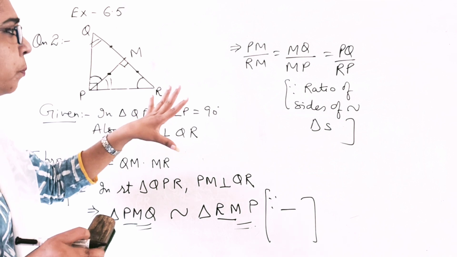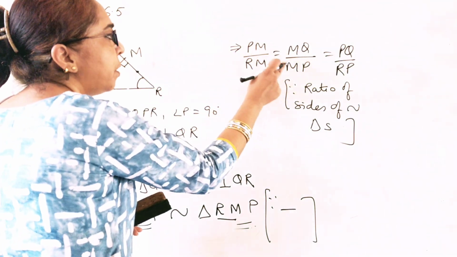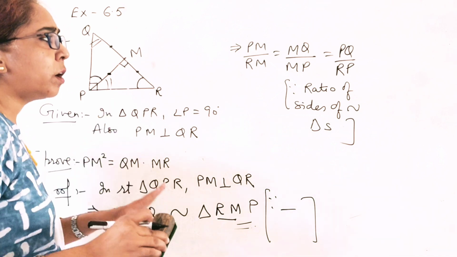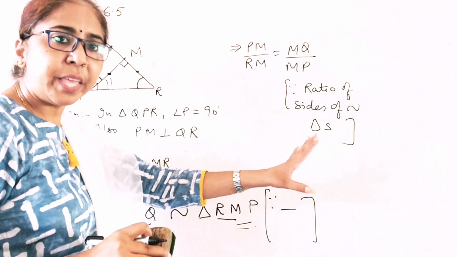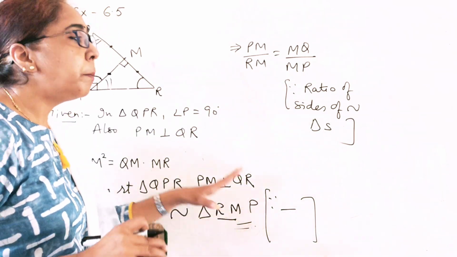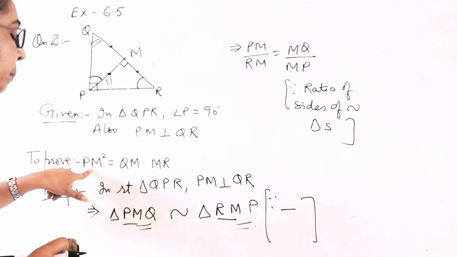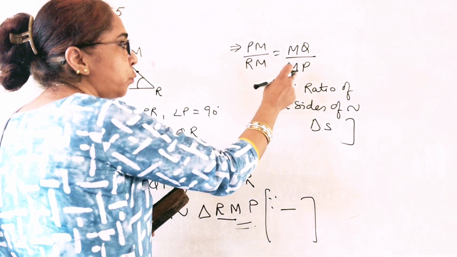So you just take a look properly. You get the PM square from these two ratios. So we are not in need to take this third one. I can just leave that. I have just written it to show you how we have to take the ratios. But because in the question I want to get PM square, I just have to take first these two ratios.